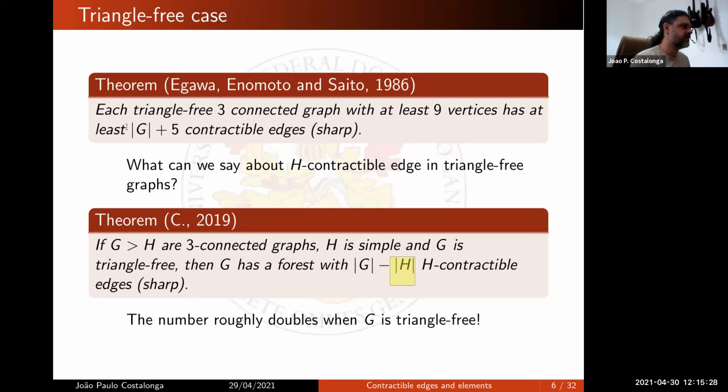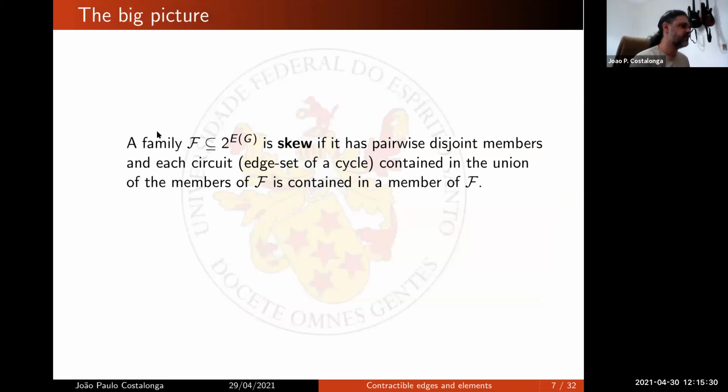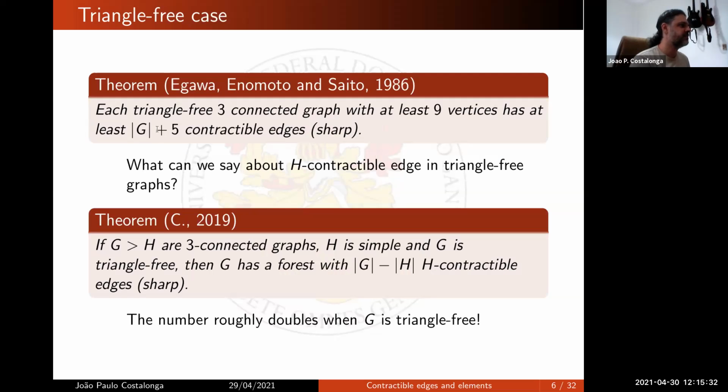And I thought that this number, there is a fancy +5 here. When you start requiring the preservation of an H minor, this is sharp. And well, the number roughly doubles when G is triangle-free.